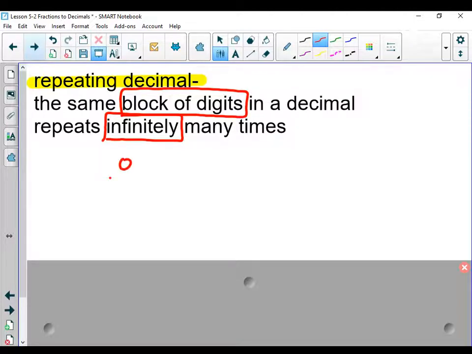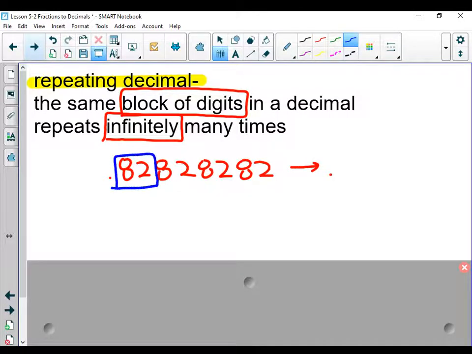It might be 0.82828282, and I'm going to write that with just the block, and then I'm going to put the sign above it. The same block of digits.